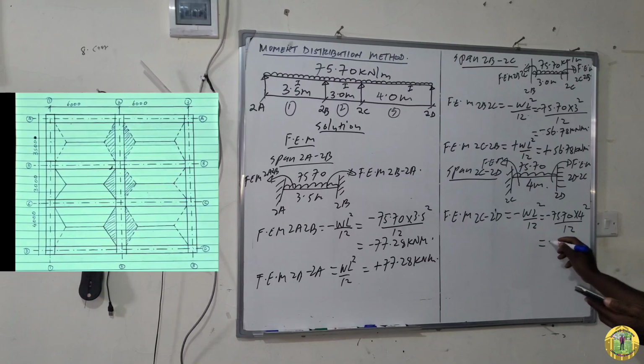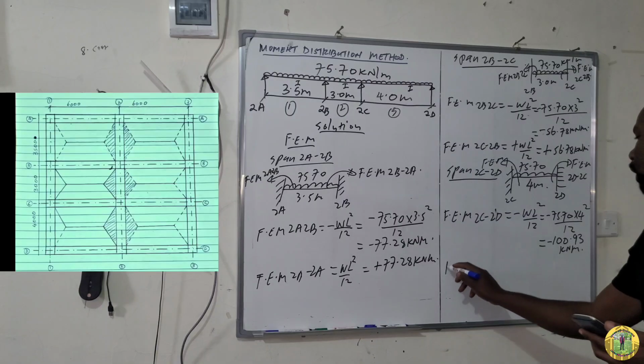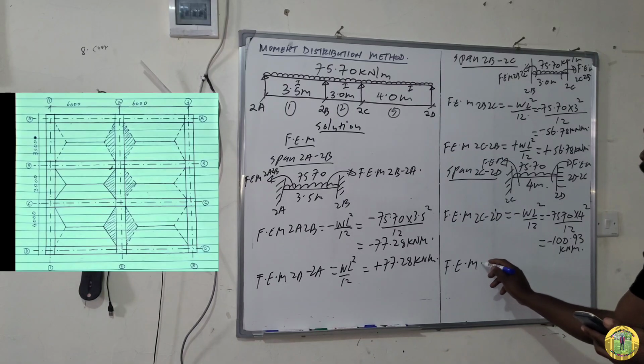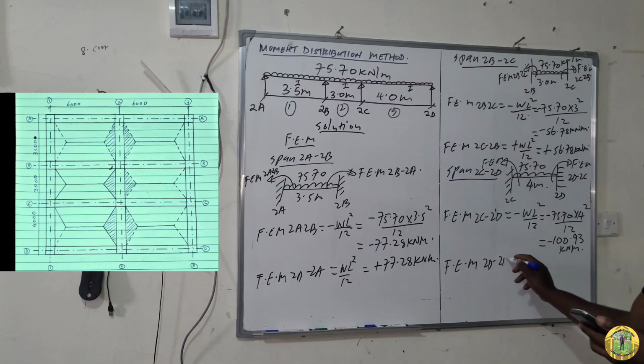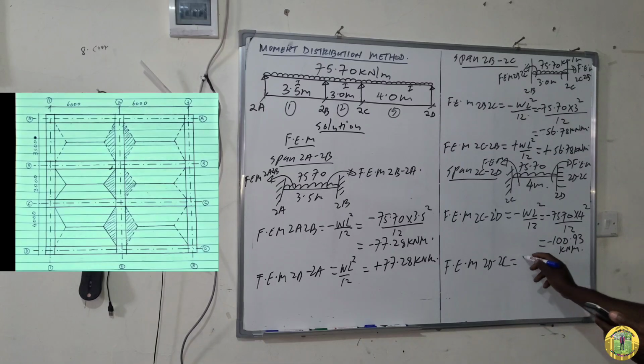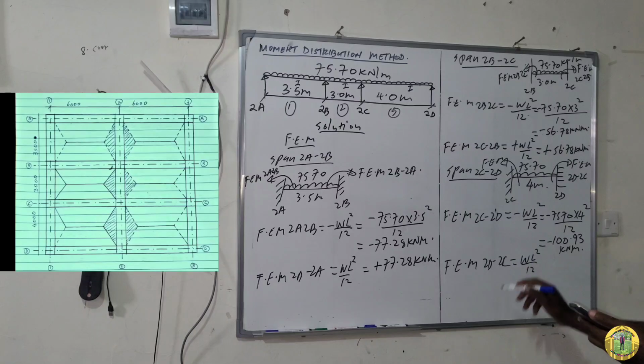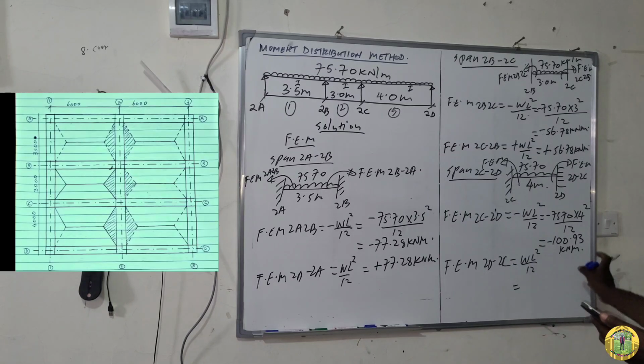This is negative 100.93 kilonewton meter. Then fixed end moment 2D, 2C is positive WL square all over 12. The answer remains the same, the sign will change, so this is positive 100.93 kilonewton meter. So we are done with fixed end moments.